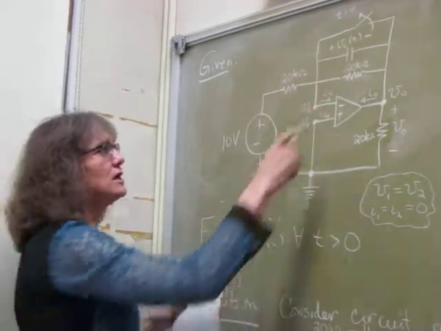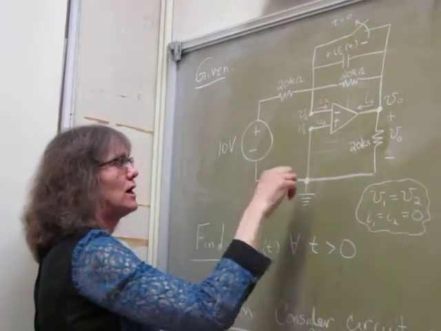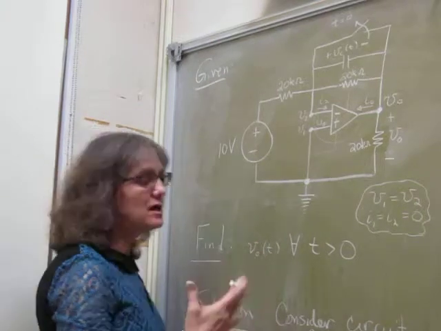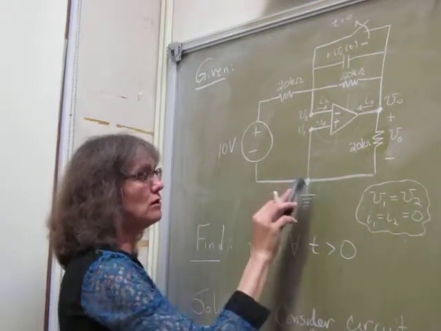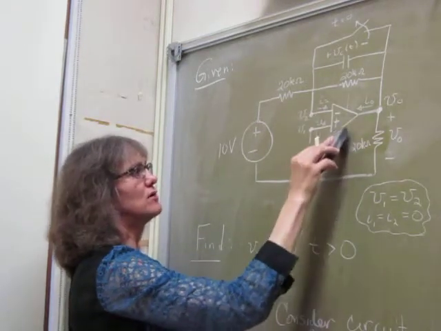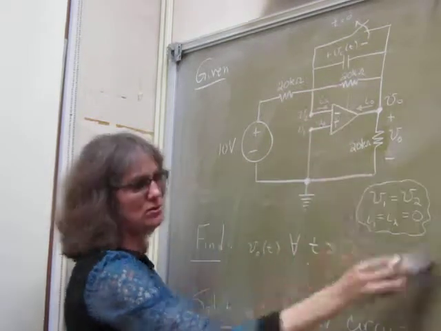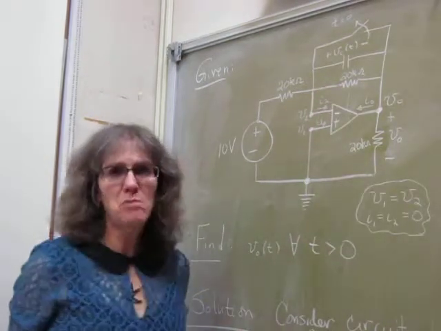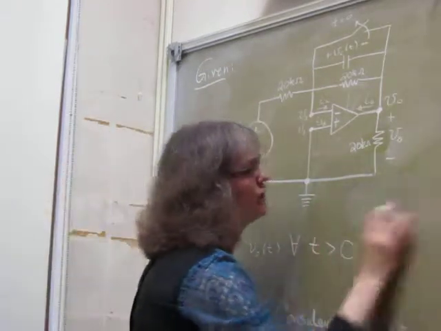There are actually some power lines going into the op-amp and into the ground that we're not showing. Because of those, you're not allowed to do Kirchhoff's current law at the ground node or consider the op-amp itself as a node. So if you just remember those 2 things and the model for the op-amp, then op-amps shouldn't be an intimidating thing in a problem. You shouldn't be afraid of them.